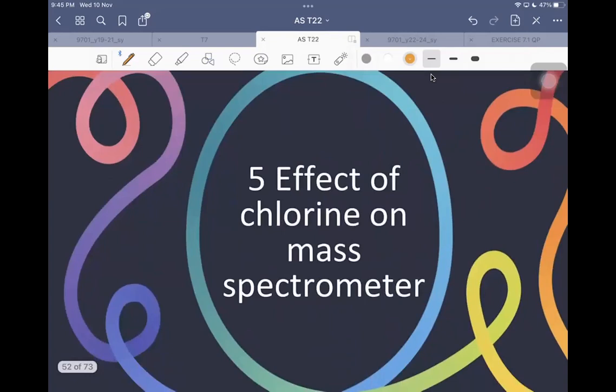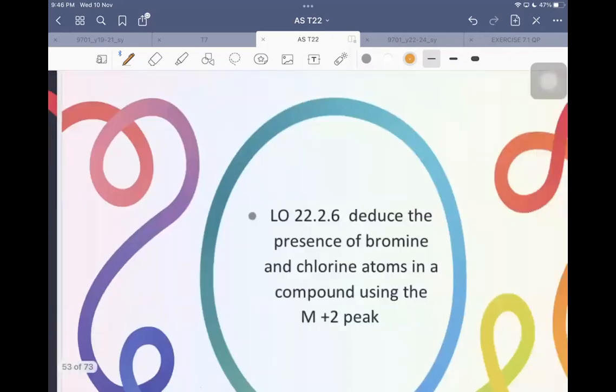Effect of chlorine on mass spectrometer. Chlorine is another element that has isotopes. If you look at your periodic table, chlorine has a mass of 35.5. Since it has a decimal place, there must be other chlorine isotopes.